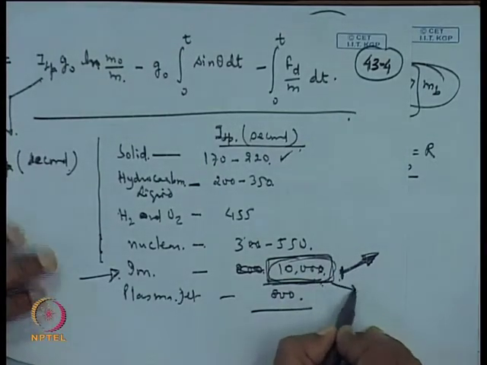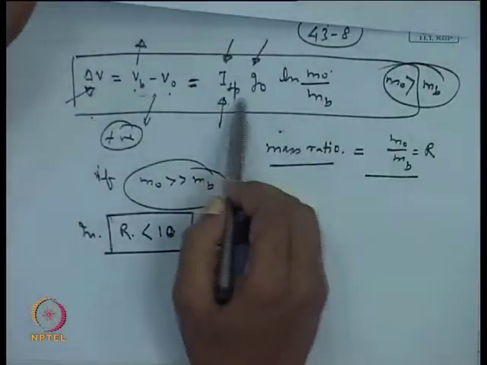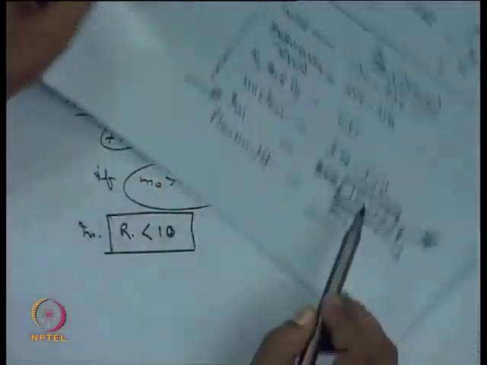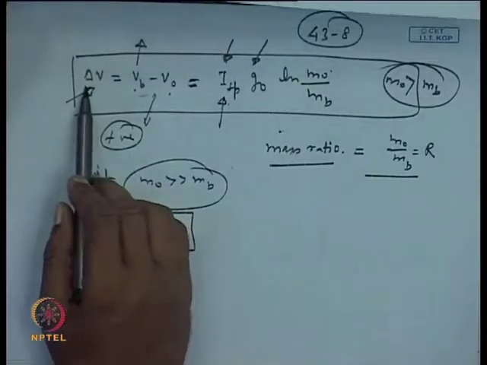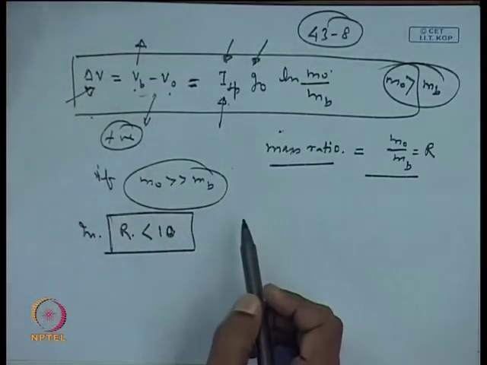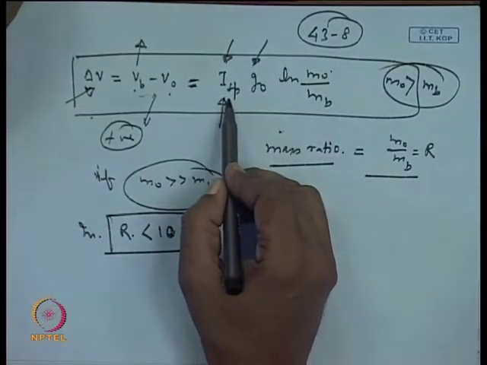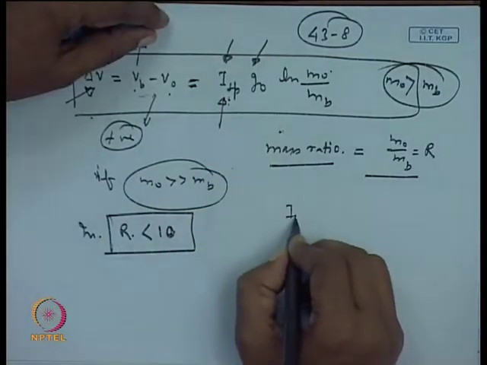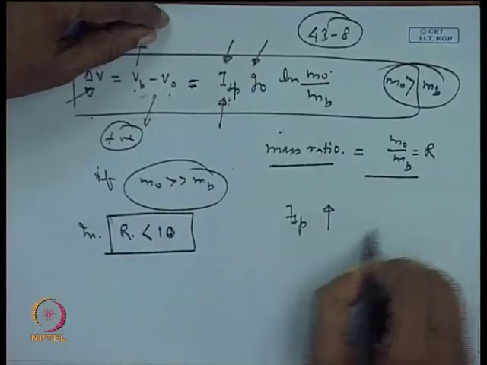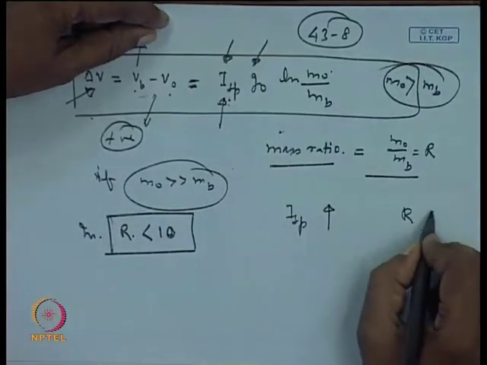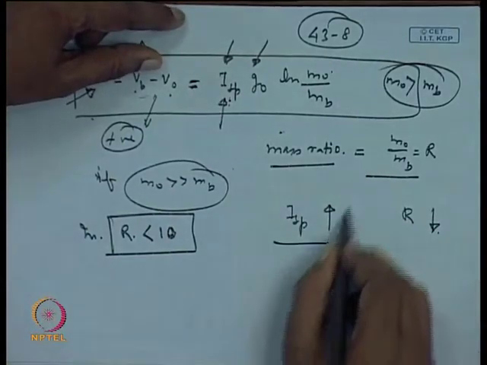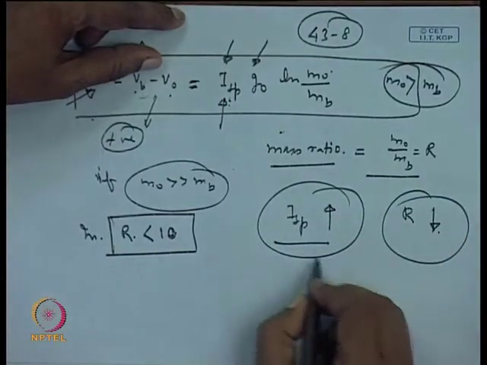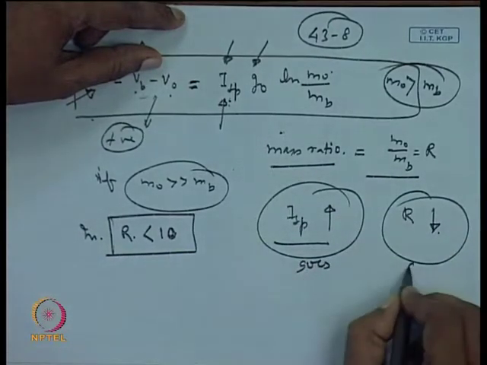So, that does not mean that if you use the ion rockets, your delta V will be very large, because in this case this one increases. Okay. So, as the specific impulse increases, ISP goes up, R goes down. Okay. This goes up, this goes down.